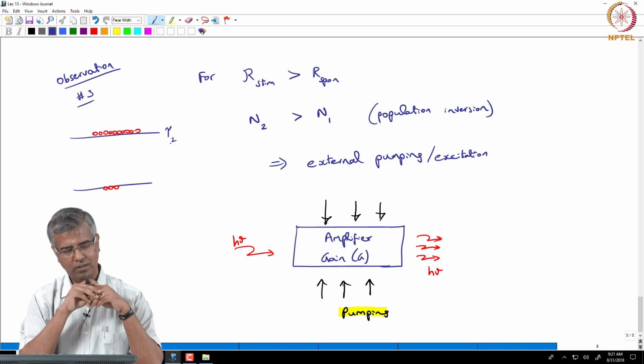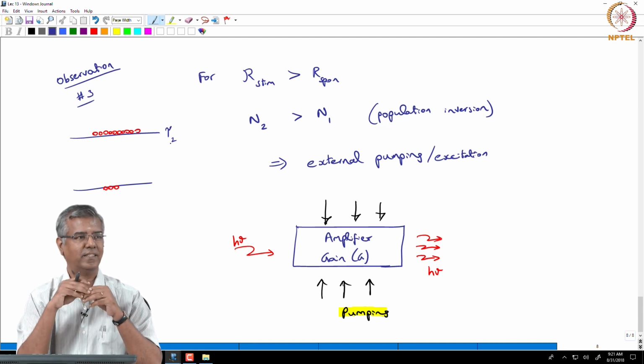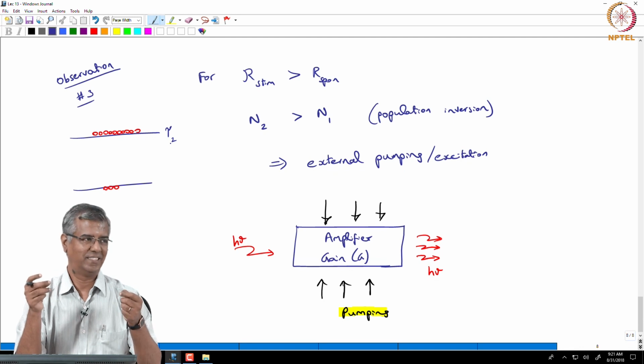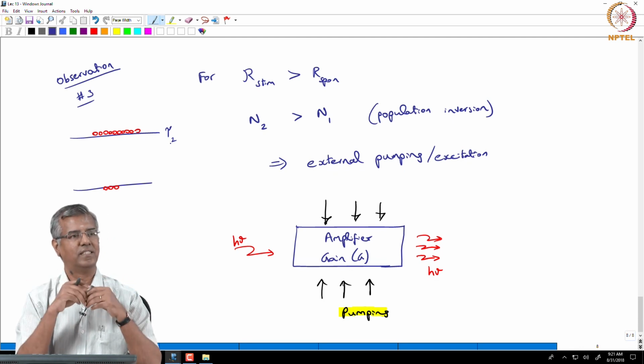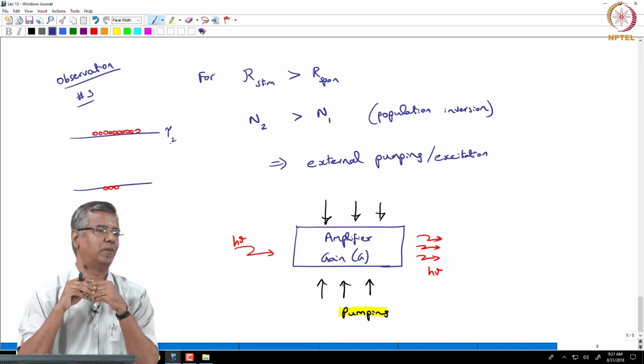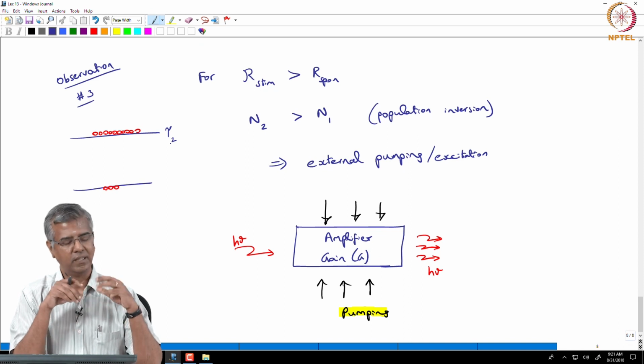So, from that perspective, you say solid state lasers. These rare earth ions doped in glass, that is actually a highly preferred medium for these amplifiers. So, push for solid state lasers.